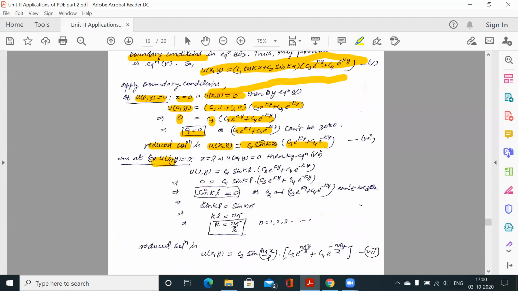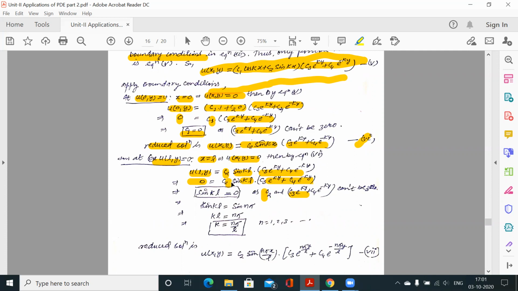Now the second boundary condition, u(l, y) is 0. So at x equal to l, u(x, y) is 0. Then by this equation, u(l, y) is equal to c2 sin kl, because we have substituted l for x, into something. Again, this is 0. So either c2 is 0, or this factor is 0, or sin kl is 0, but c2 and this factor cannot be 0, otherwise the reduced solution would be 0.